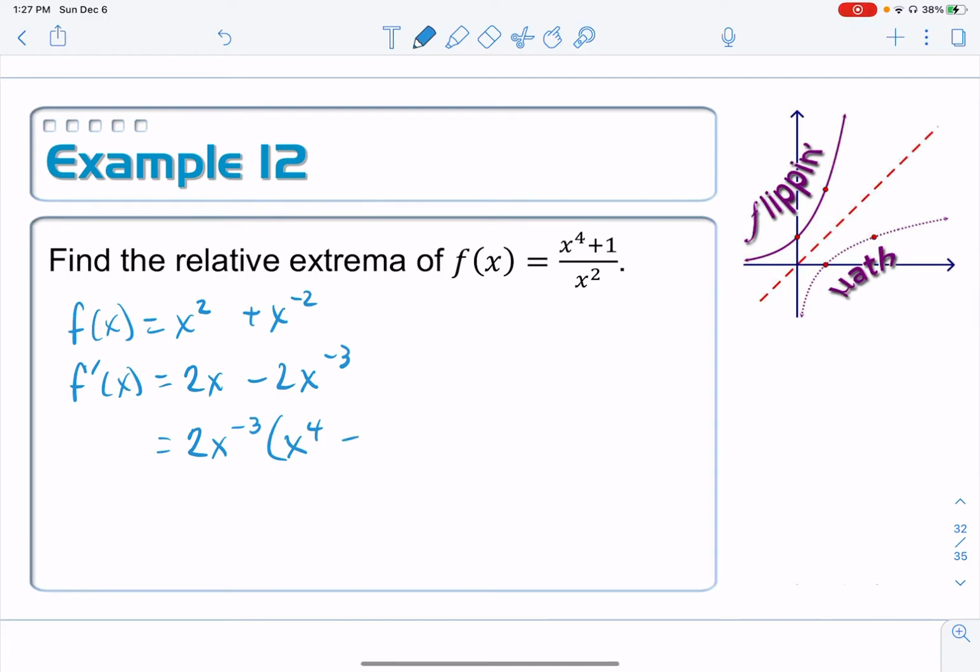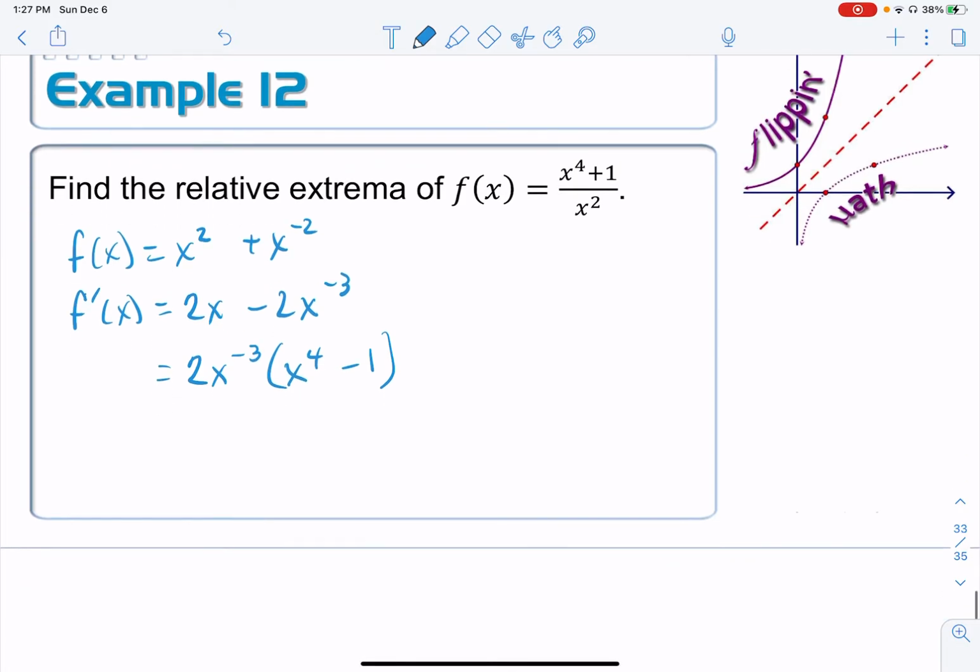And then finally, minus 1 there. All right, and then we are almost done because now I just need to bring that x to the third down to the bottom. So f prime of x is equal to, this 2 stays, x to the fourth minus 1, all of this over x to the third. Yeah, there we go.